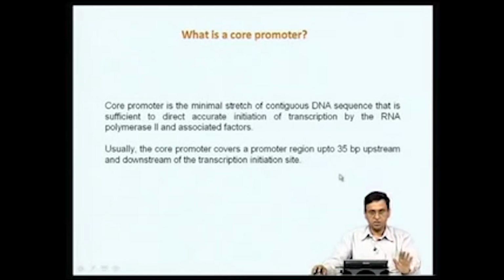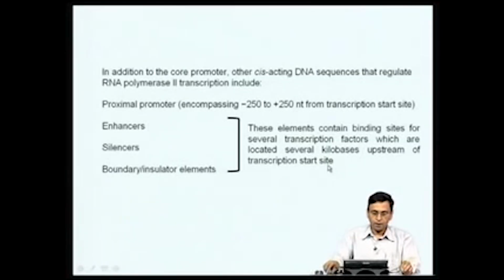Now, let us try to understand what is happening in and around the core promoter sequence. What are the variations in these core promoter sequences? Remember, in today's class we are going to discuss only core promoter sequences, which doesn't mean there are no other cis acting elements. In a protein coding gene of a eukaryote, there are a number of other regulatory elements which also contribute to differential gene regulation.